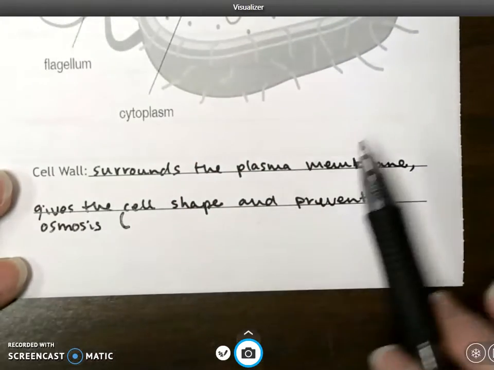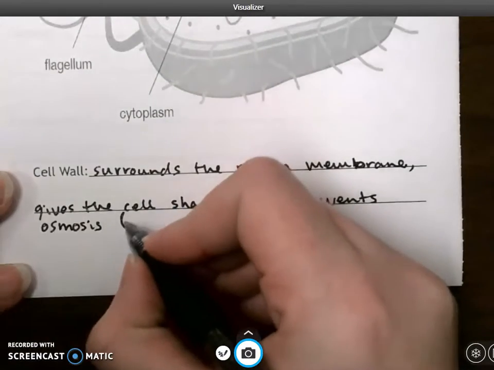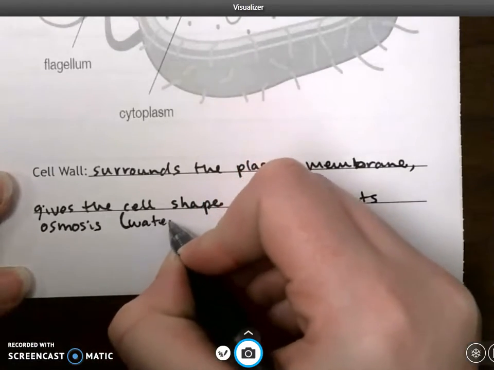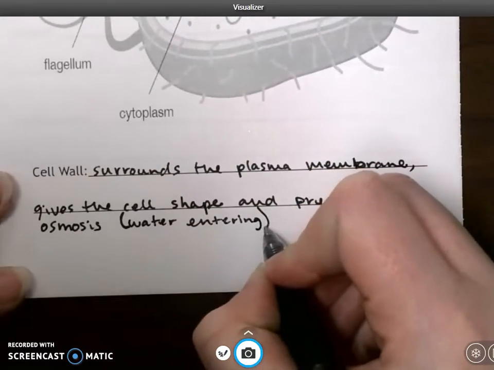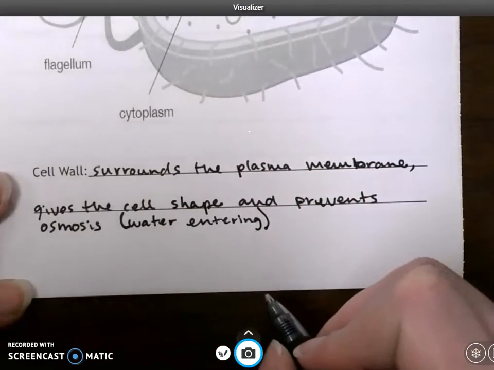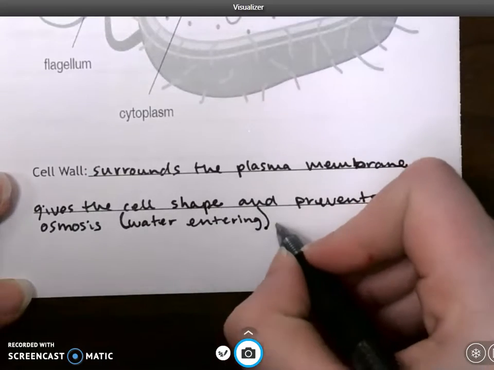So in this case, this would prevent too much water from entering the cell and bursting it. So it prevents water entering the cell and causing it to burst. So it gives the cell shape and prevents osmosis from bursting the cell.